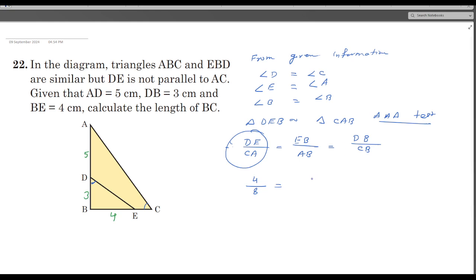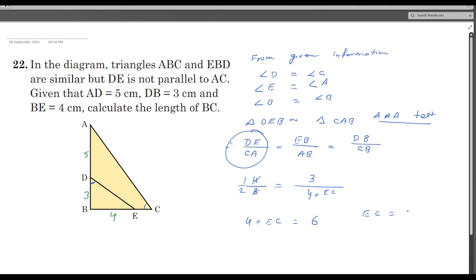Now DB is given 3, divided by CB, which is 4 plus EC. Okay, so this 4 divided by 8 is 1 divided by 2. As here the ratio is half, here this is going to be half, means I can say that 4 plus EC will be equal to 6, and therefore your EC is going to be 2.